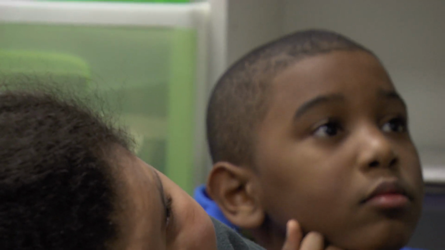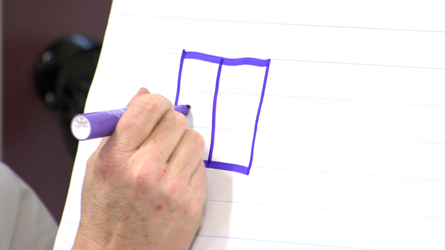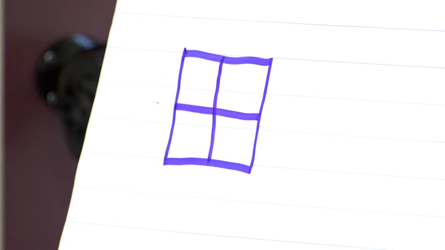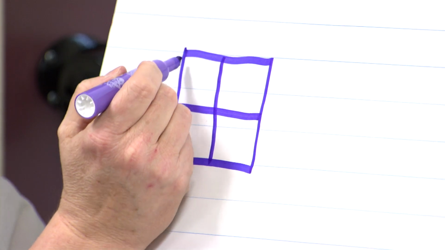Okay, there's 80 in there. How many equal portions do I need to make? I have to make 4 because that's what it says here. So if I make 4 equal portions, let's pretend those are perfectly equal, how much does one person get?